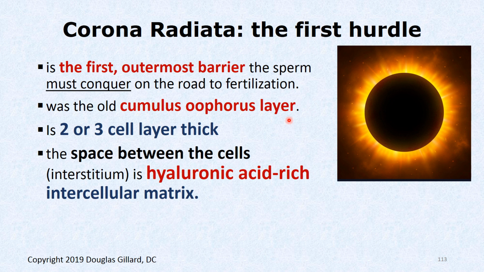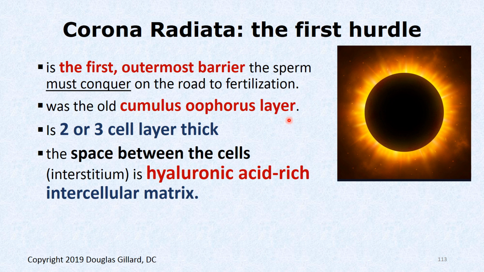A lot of that cumulus oophorus is left behind when ovulation occurs, but the layer right surrounding the oocyte comes with it. And it's still there. The space between the cells has a matrix, a gel, and that's very rich in hyaluronic acid.